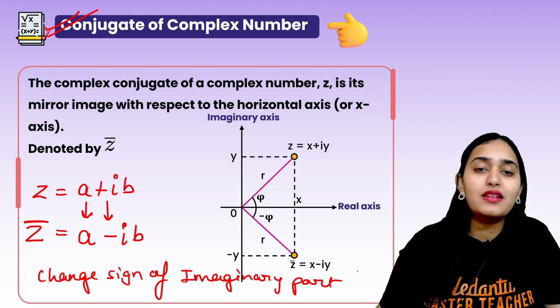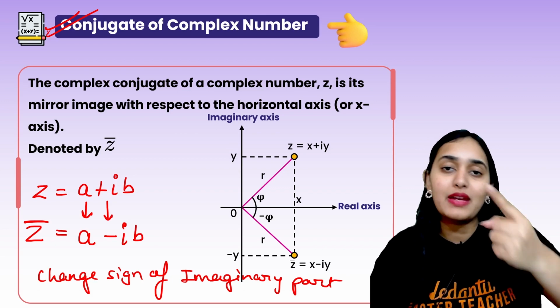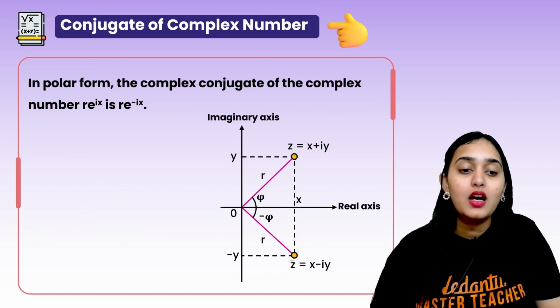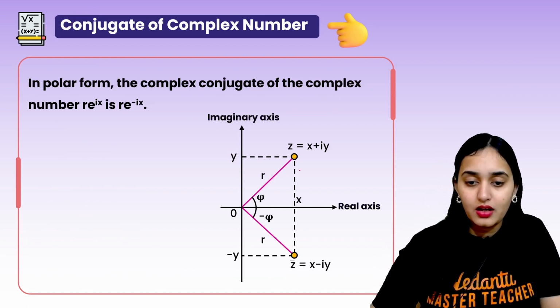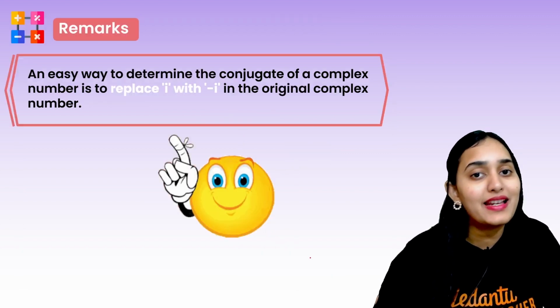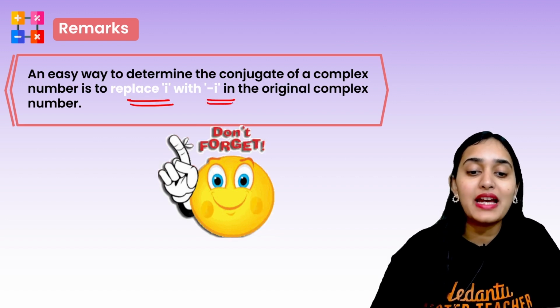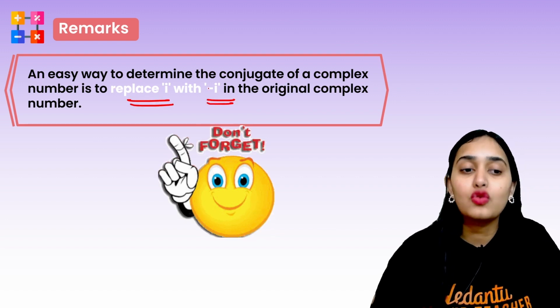Whatever your imaginary part is, just change the sign. If it is positive, make it negative. If it is negative, make it positive. Okay. Again, if it is x plus iy, it becomes x minus iy. We are just replacing i with minus i to find the conjugate.